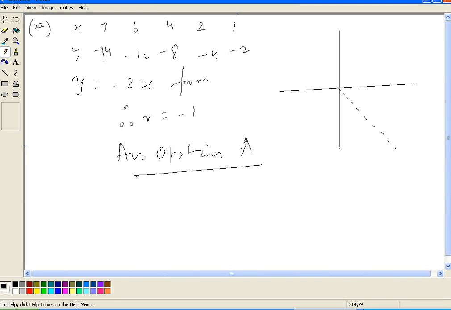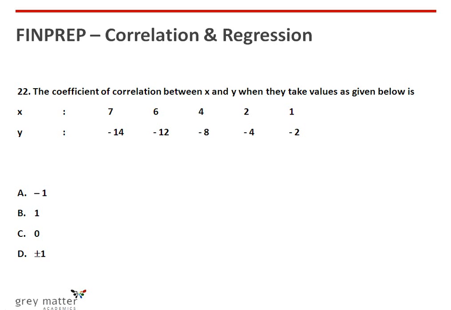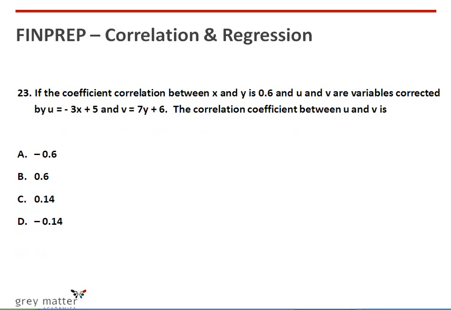So the r value, or the coefficient of correlation r, is minus 1 as per our definition and also the assumptions and other factors. Now going by the answer, it is option A, which says it is minus 1.